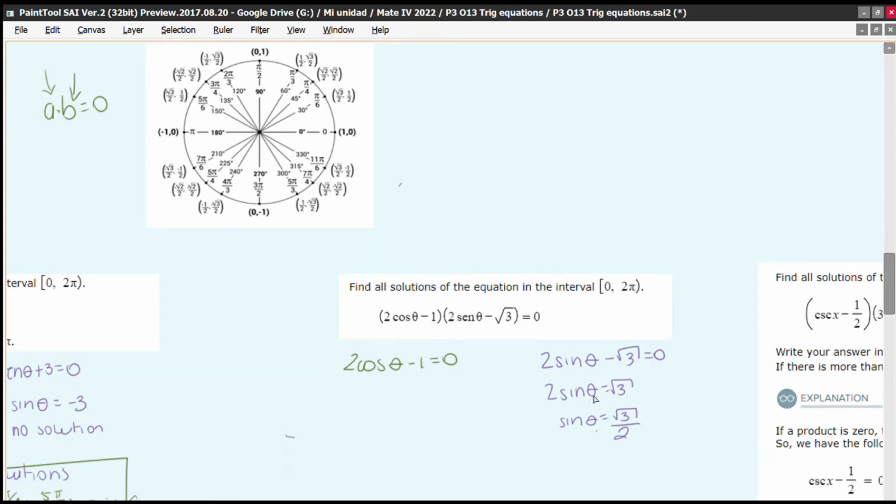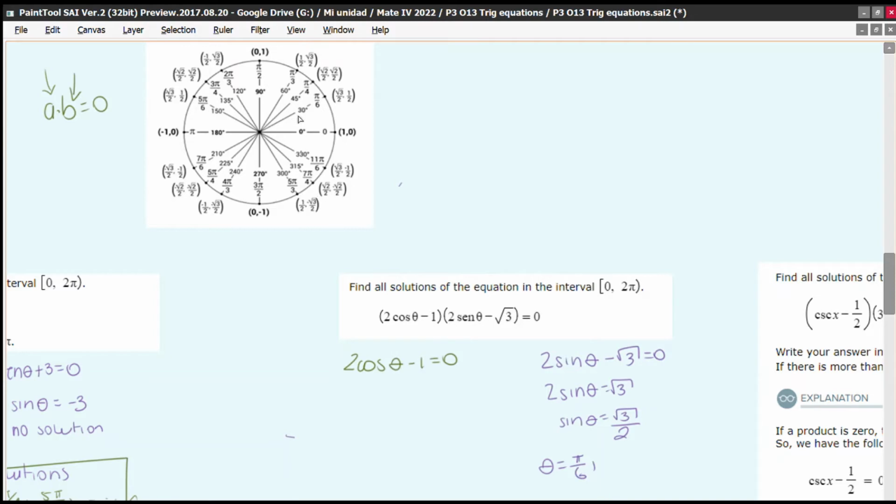And if you look at your fingers or look at the unit circle, you know that the reference angle that gives me this value of square root of 3 over 2 is, check out your fingers, exactly, pi sixths.